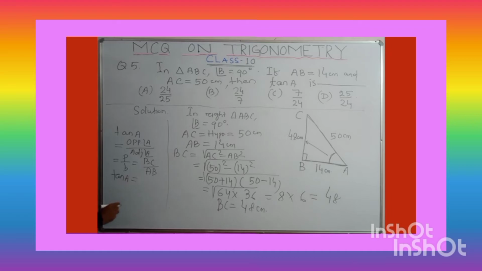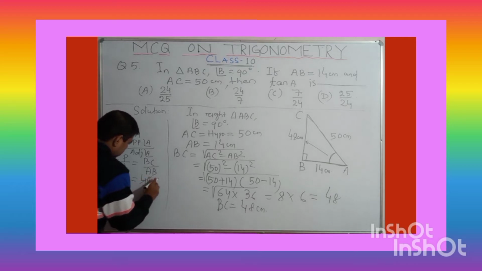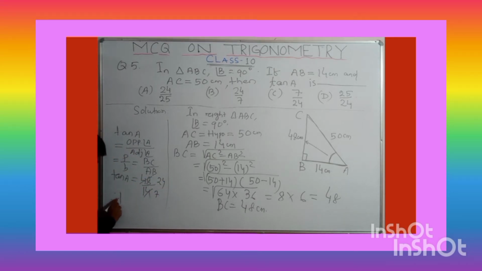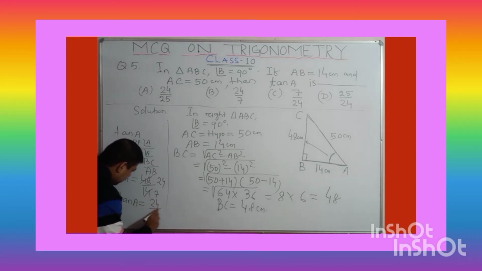What is the value of BC? BC is given, 48 already got, and the AB value we got is 14. So you will cancel here, students. You will get what? It will be 24 and it will be 7. Hence, tan A is equal to 24 by 7.